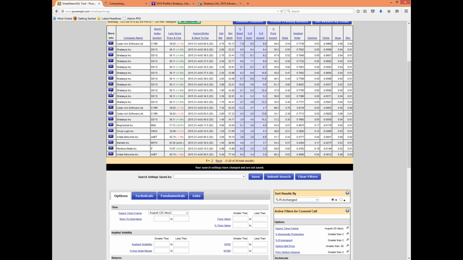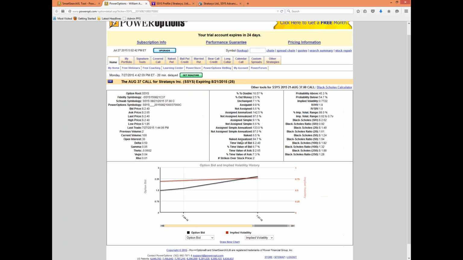Instead of selecting all the information available for the stock and the option when I run a search, which makes a very wide results screen, what I prefer to do is go ahead and take a look at that research and go into option research so I can see all of the available data that we currently have for that particular option.